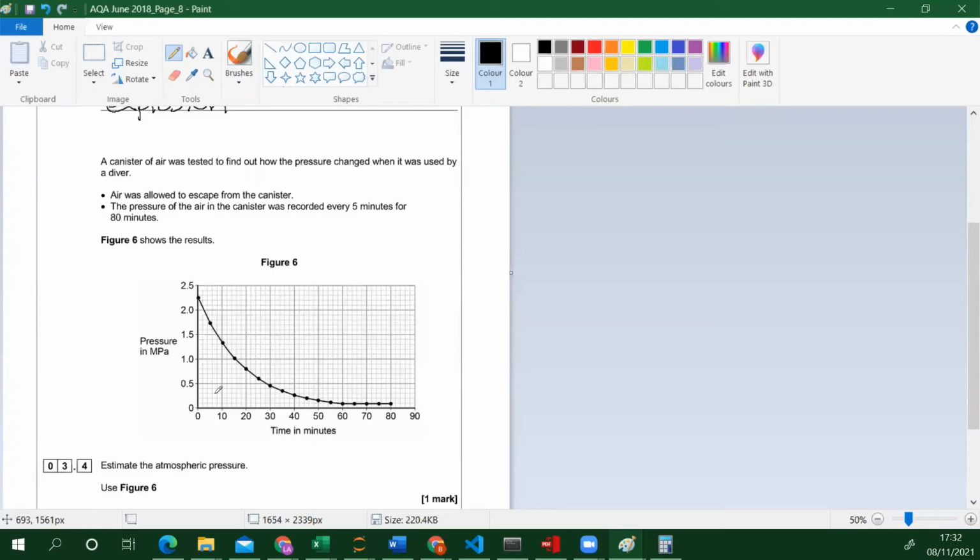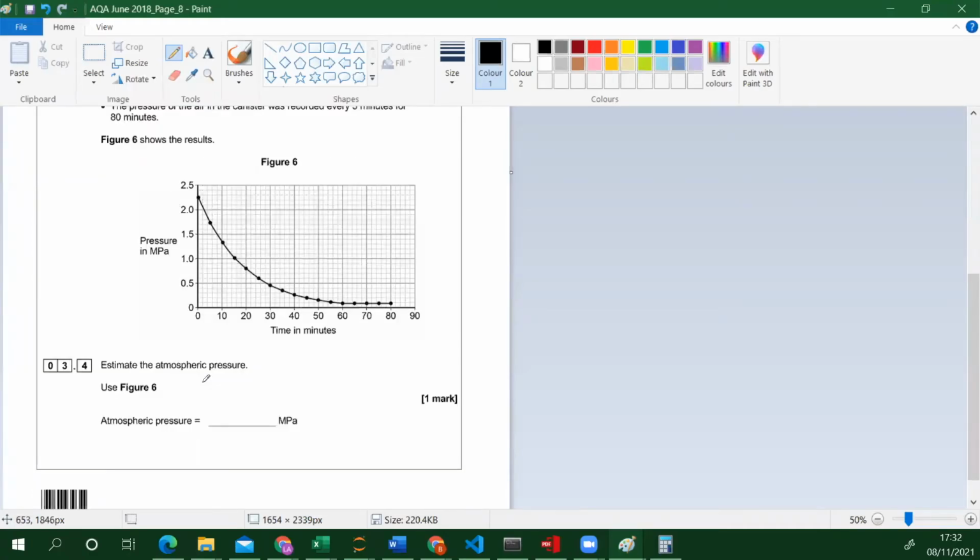Look at the scale again. This is the thing about scale: it seems easier than it initially is. So 0.5, 0.6, 0.7, 0.8. Each of the tiny squares represents 0.1 megapascals. It was vented for quite a long time. It says estimate the atmospheric pressure, so it's when it goes to the lowest.